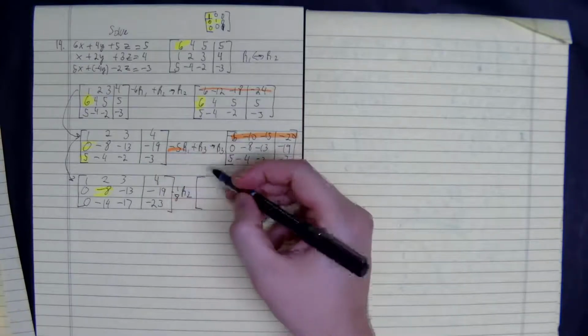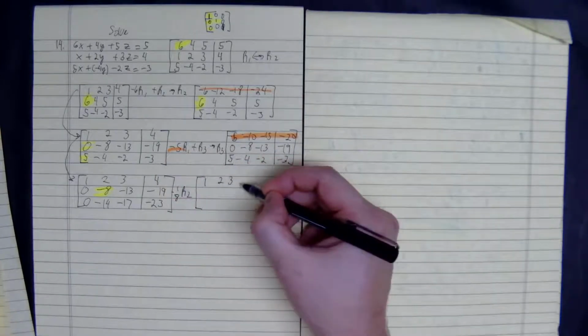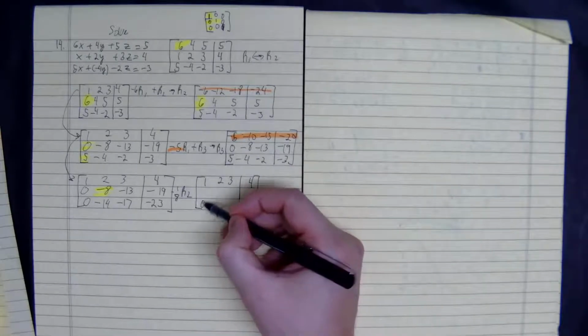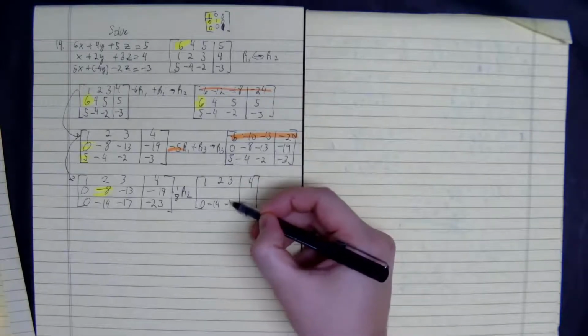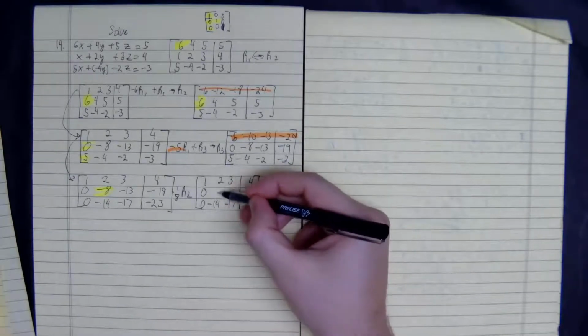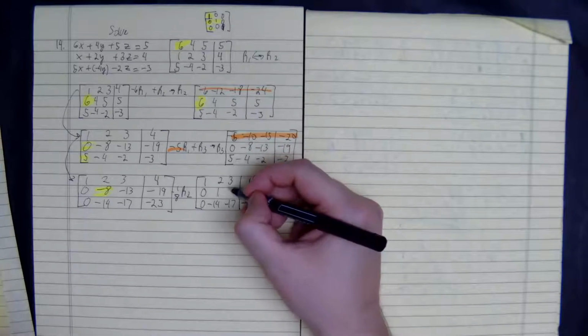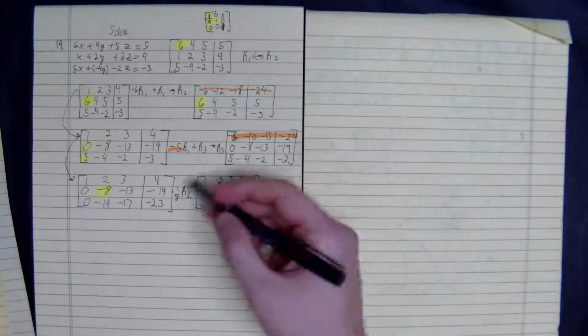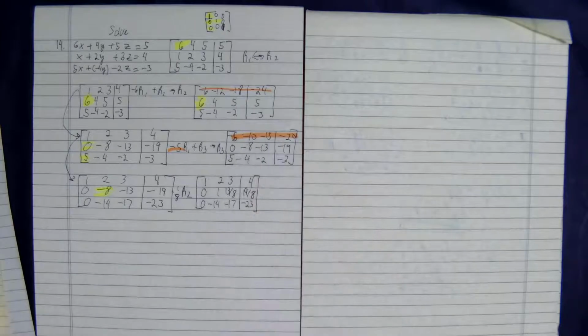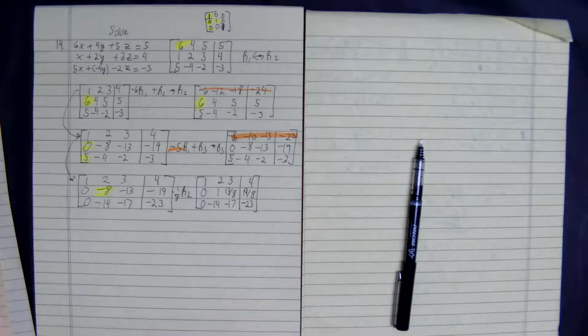So that means row 1 and 3 are going to stay the same: 1, 2, 3, 4, and then the bottom stays the same, 0, -14, -17, -23. And then this becomes 0, 1, 13/8, and then 19/8. Alright, so far so good. So we just got our goal of this to a 1.